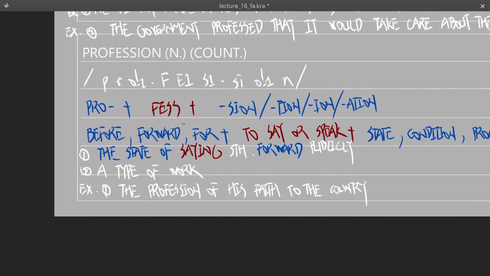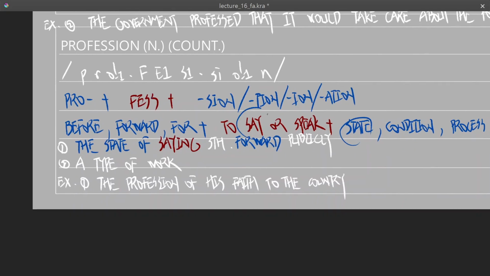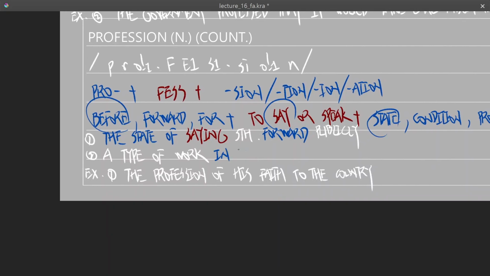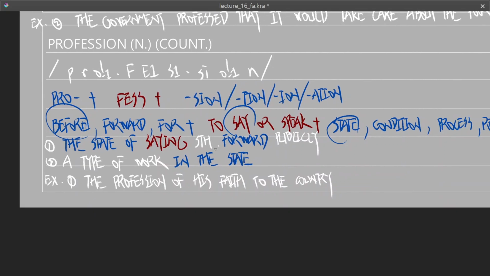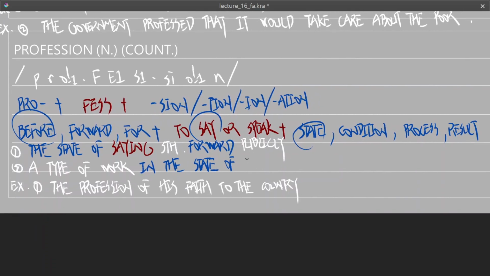In the state of being said beforehand by God.